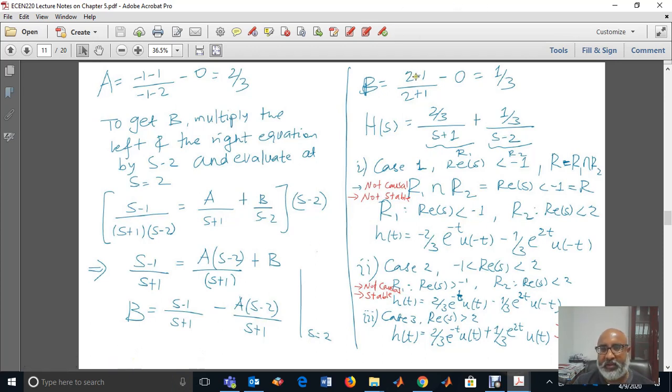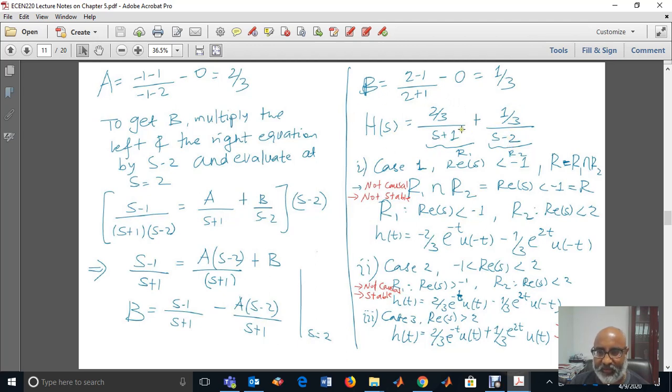Substitute 2: 2 minus 1 over 2 plus 1 is equal to 1 over 3. So this is another way to find A and B, a different way from what we did before. So H of s is now 2 over 3 times 1 over s plus 1, plus 1 over 3 times 1 over s minus 2.